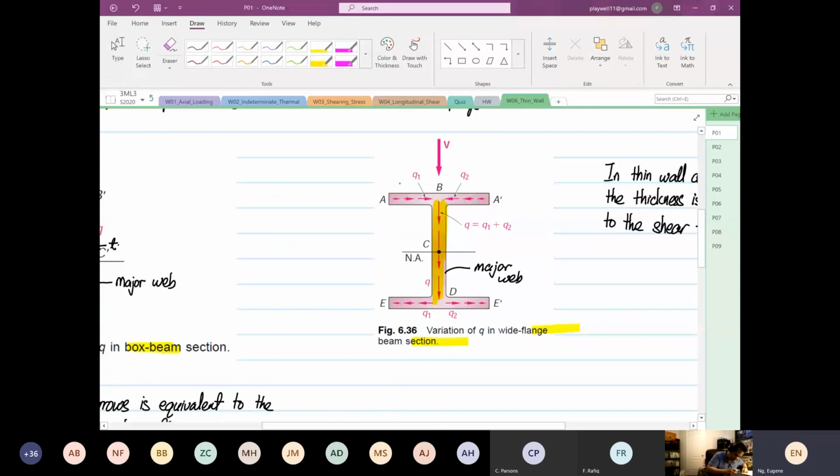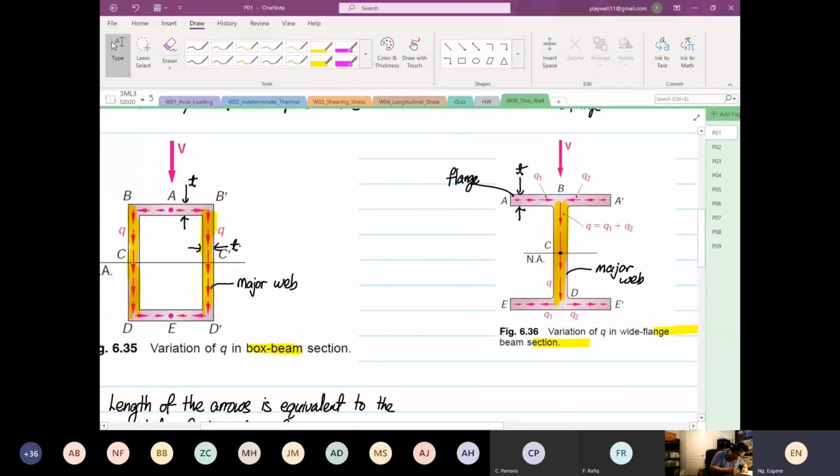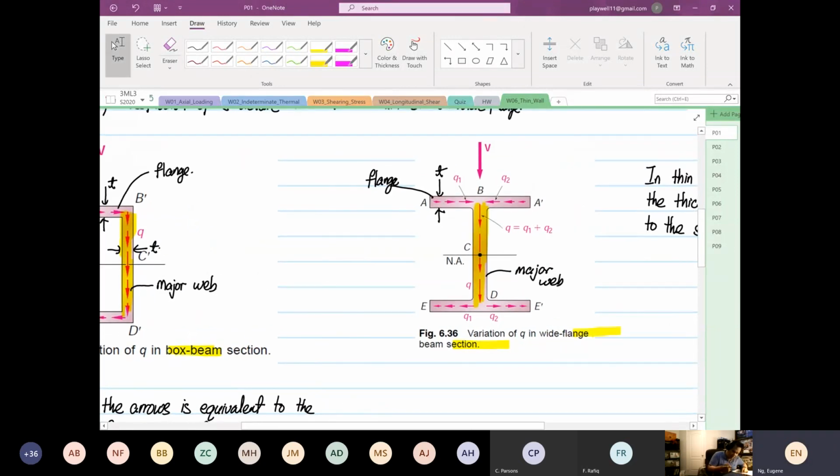This is what we call a flange, and over here, this is also what we call a flange. On the web, it's pretty straightforward, because whether it's thin or thick wall, this is our thickness. This is for thin wall analysis.